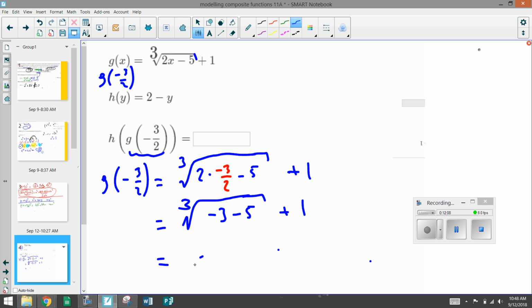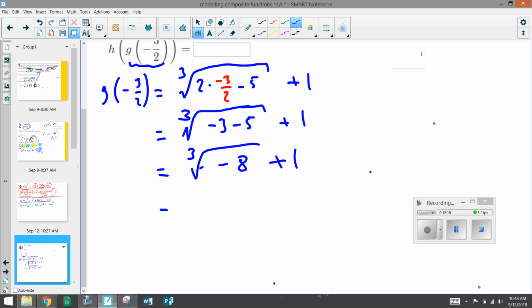Okay, continue. What do we have in the cube root? Good job. One more step, actually a couple more steps. How can you write negative 8 as an exponent? Negative 2 to the power of 3.